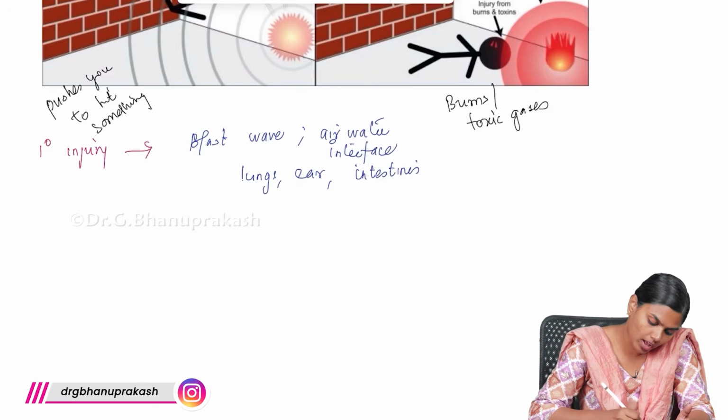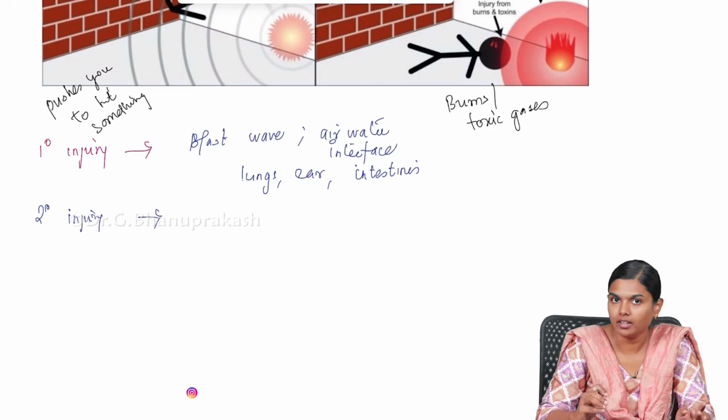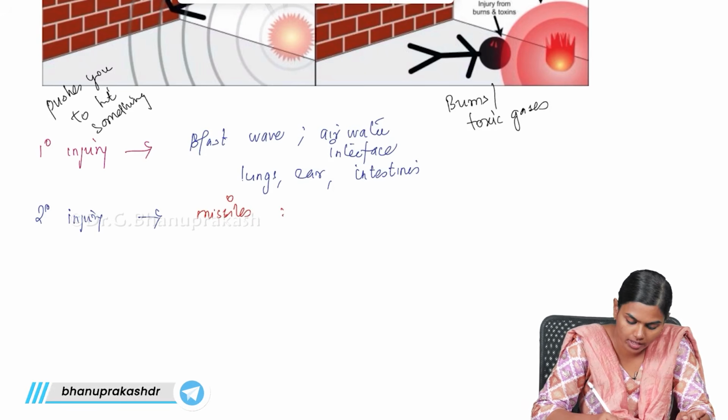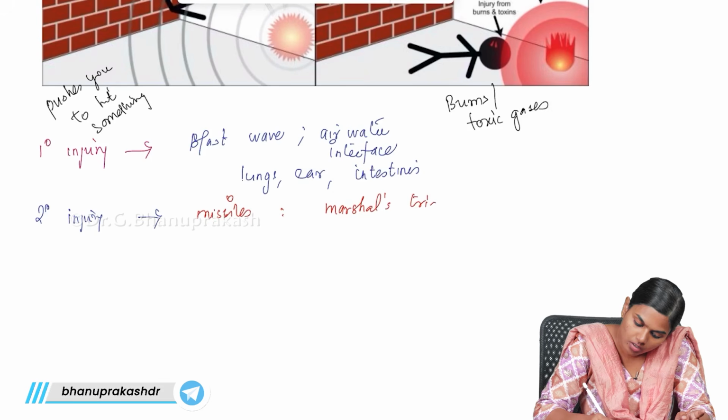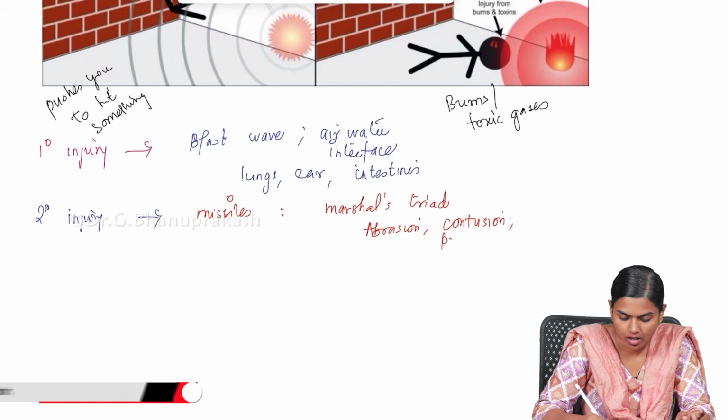Then next to that you have the secondary injury. In case of secondary injury, you will be getting the missiles. They will come and hit you. Because of that you will get something known as Marshall's triad, which is abrasion, contusion and puncture laceration.